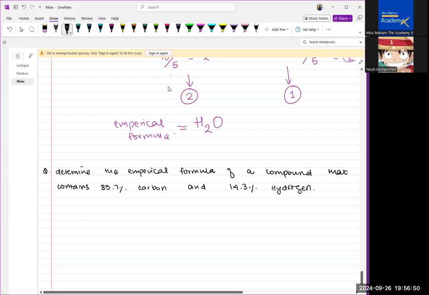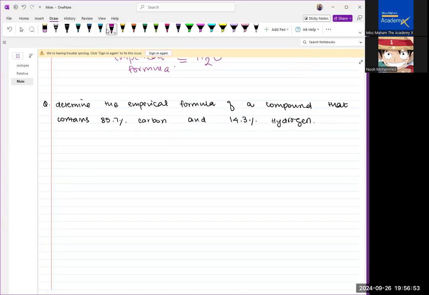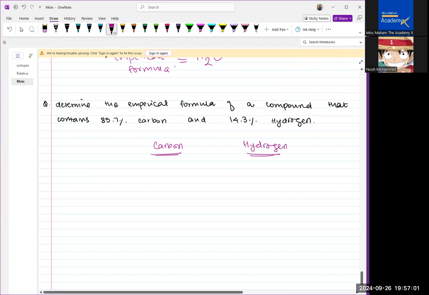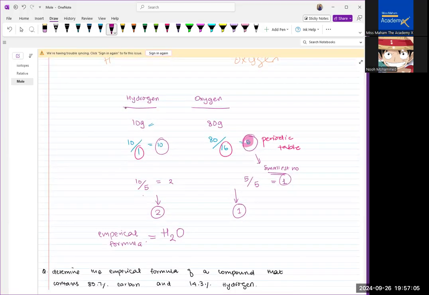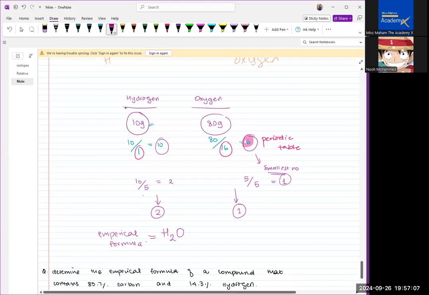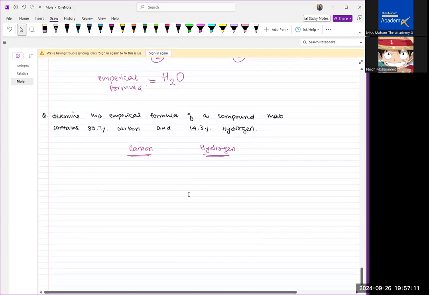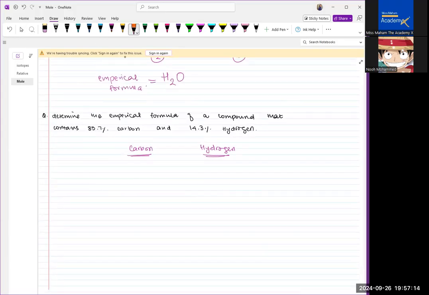Applying the same steps, first make 2 columns of the elements that you have, carbon and hydrogen. Following the same steps, what did we do first? We divided these numbers by their atomic masses.